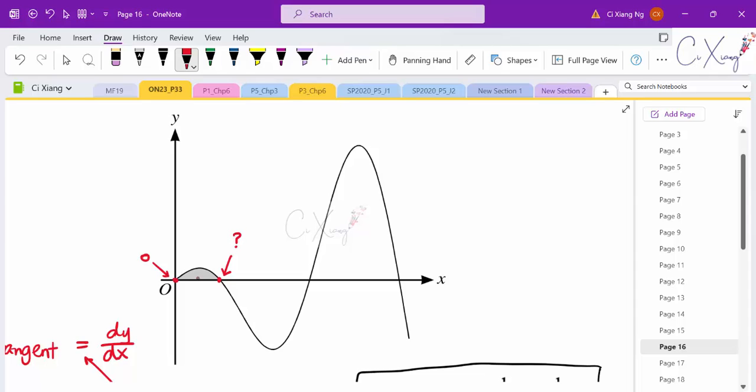So how to find this point? I want to know the coordinate for this point. Therefore, I have to let y equal 0, then you find out x. Alright, so I know that the area covered starts from 0 until this particular value. After that, only then can I further set up the step to find the area.